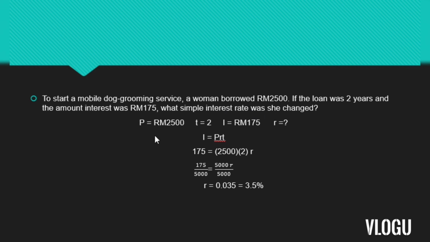So in this question, 2,500 will be the principal, 2 years will be the period of time, and the 175 ringgit will be the interest. So we need to find the interest rate.